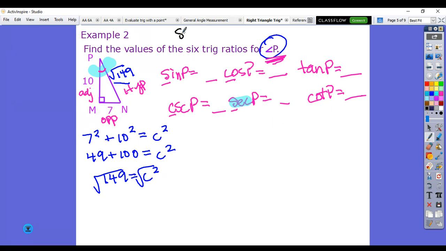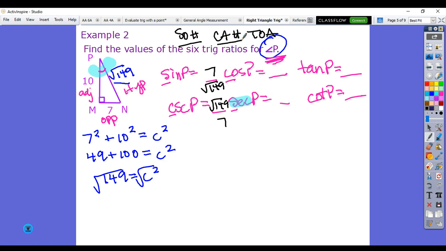Okay, so let's just fill in. Sine, using SOH CAH TOA: opposite over hypotenuse. Opposite is 7 over hypotenuse. I'm kind of out of room, so I'm just going to leave this and that's fine. So the reciprocal of sine, I'm just going to take and flip it. As soon as you have the three basic ones, just flip them for the reciprocals.